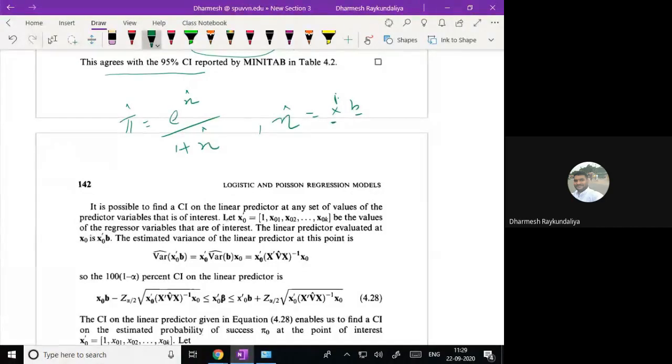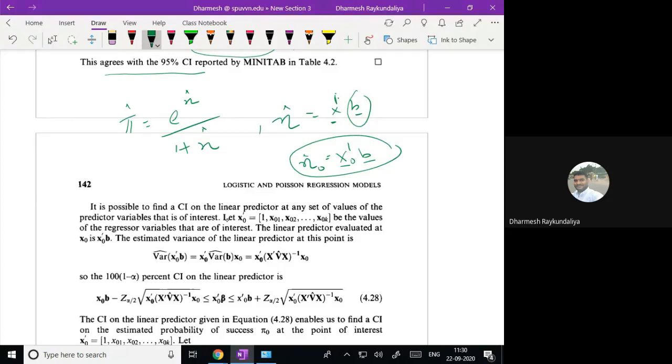Now my question is, suppose I wish to develop the confidence interval of a linear predictor. Linear predictor means this b you have estimated from the model, but suppose a new value of x is given to you. So I wish to develop a confidence interval for this linear predictor.